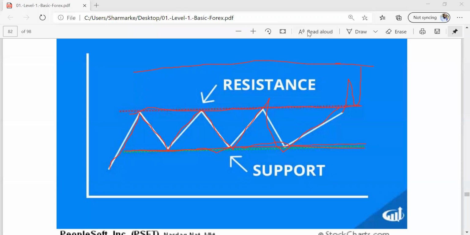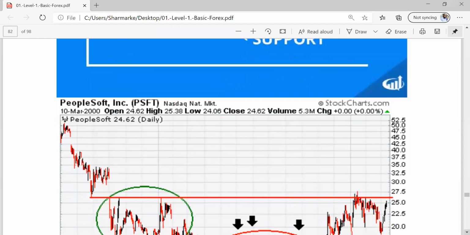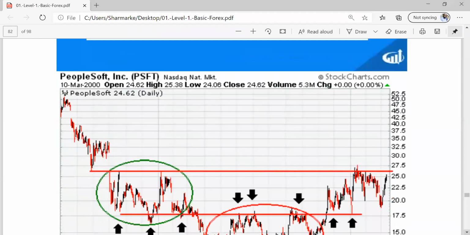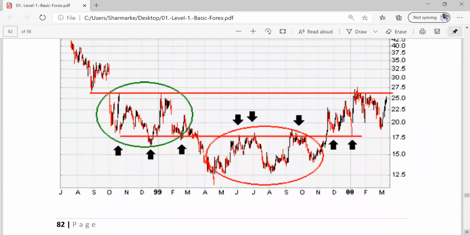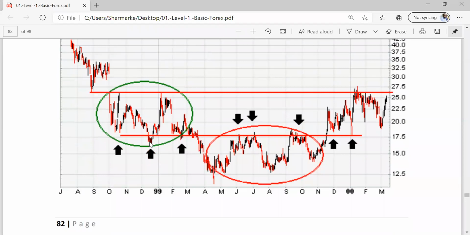So now we know what support is and what resistance is. Let's continue and see within the market. This is a live market, as you can see. All the places where the arrow is looking up mean that there is a support here. There's a support here. There's a support here. And when the price breaks here and then comes back, there is a support here.